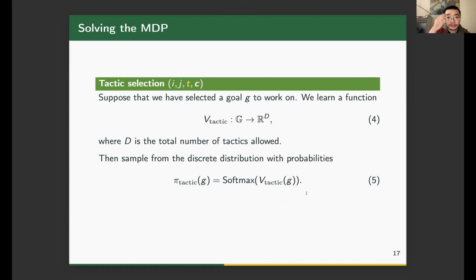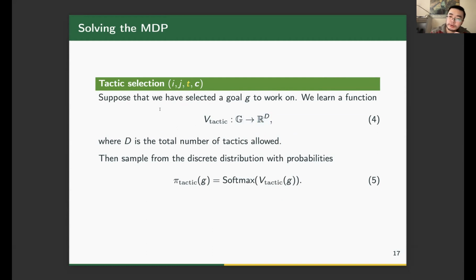Then once we have the fringe chosen, we will by default attack the first goal in that fringe. This is because every goal in that fringe needs to be solved, and it doesn't matter which one you do first, right? So we will just take the first, and given that first goal, we will do the tactic selection. Again, it's just a function that takes a goal and returns an R^D vector. Why R^D?